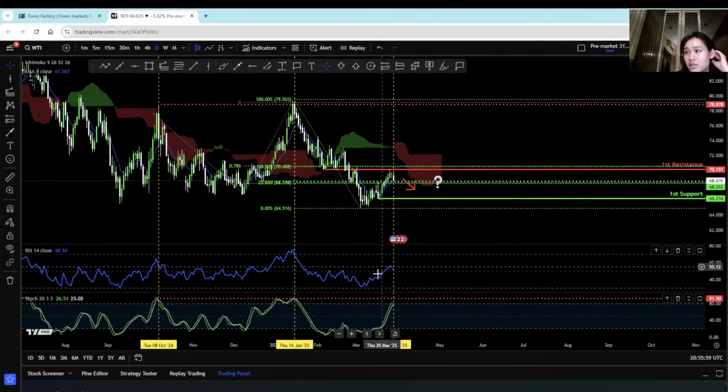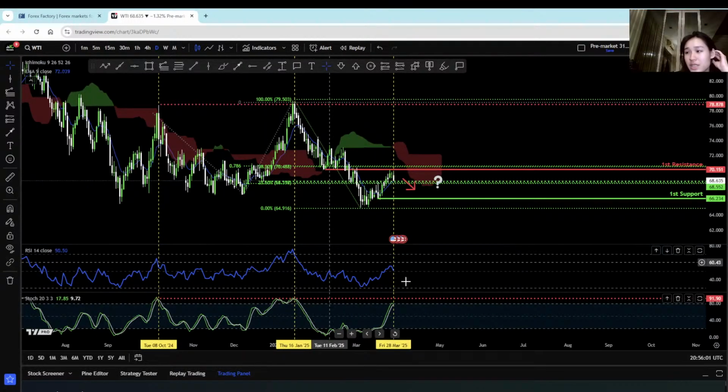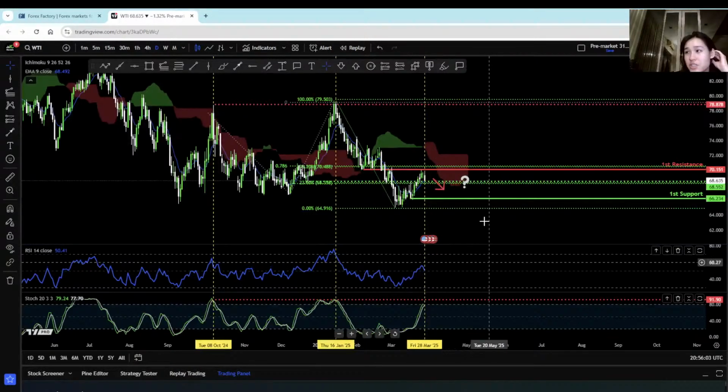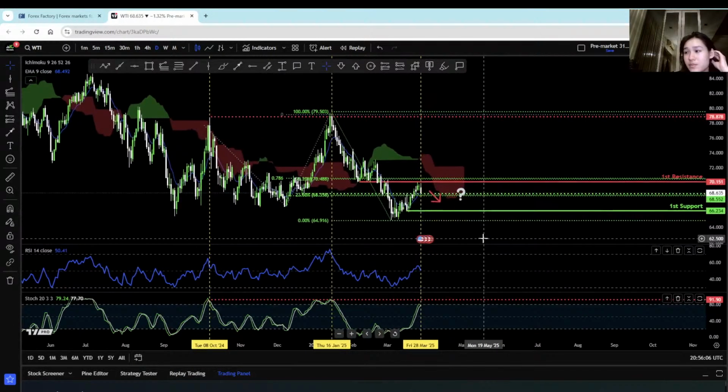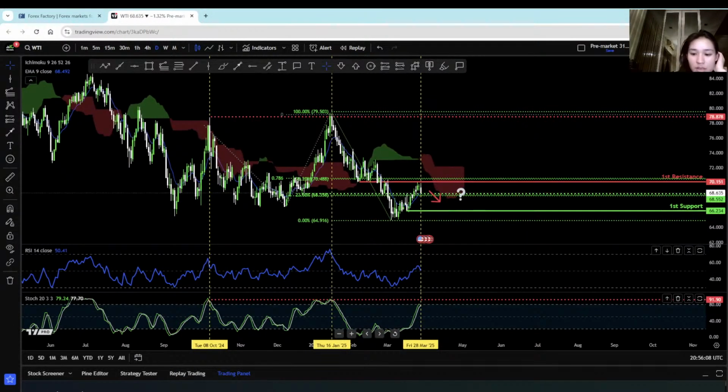RSI as well, it's just giving us a bearish signal as well. Okay, now let's quickly go through pound dollar as well.